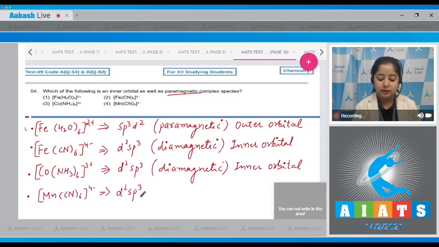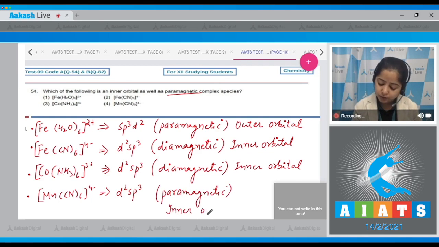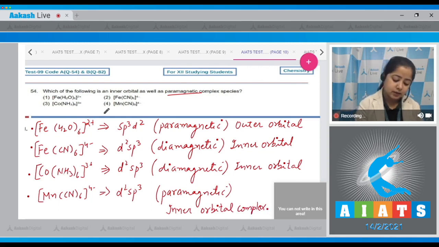As a result, the complex will be paramagnetic. And since the hybridization is d2sp3, we call it an inner orbital complex. That means the correct answer is option number 4.